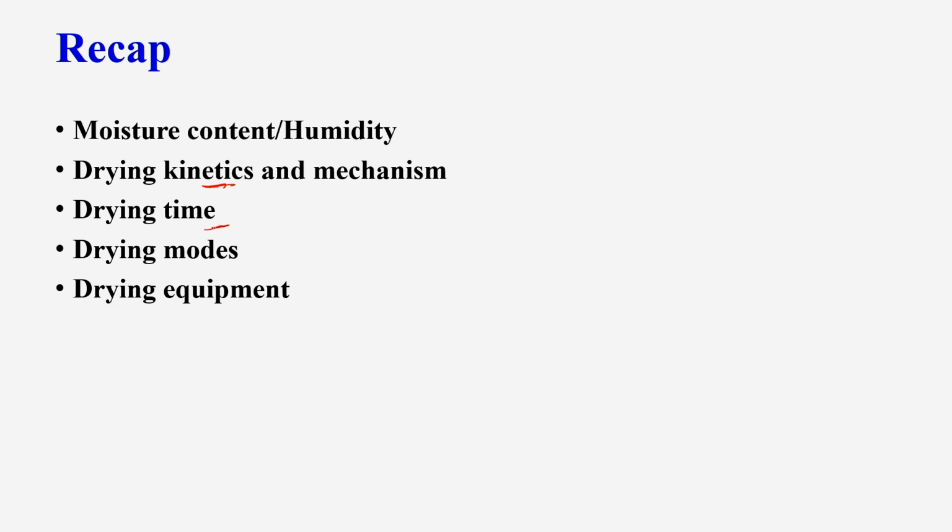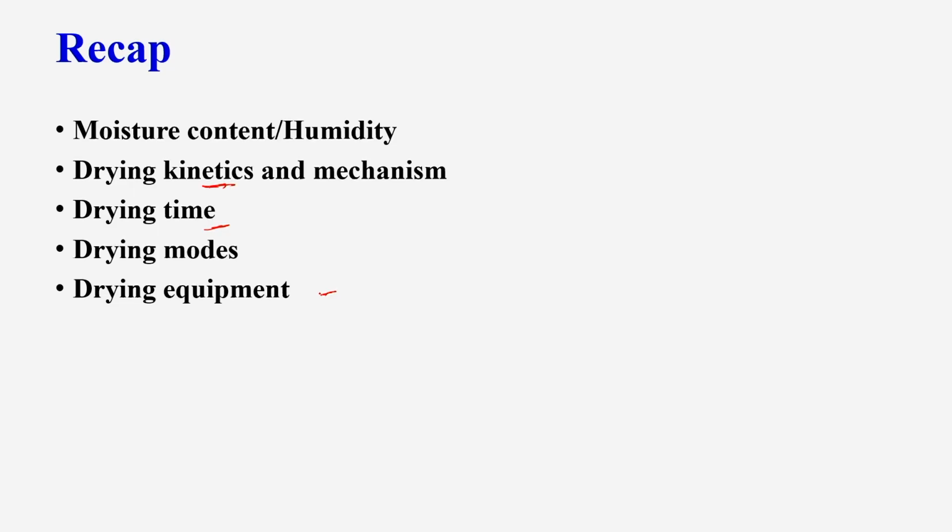if you integrate that, you can get the drying time. Drying operation can be performed in both batch as well as continuous mode, and accordingly we discussed the different instrument setups typically used for drying unit operations. In addition, we discussed two moisture contents: the critical moisture content and the equilibrium moisture content.